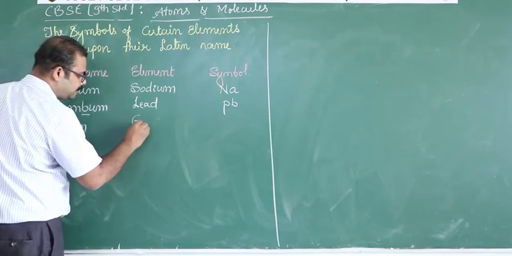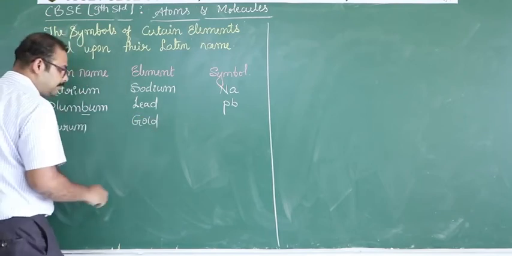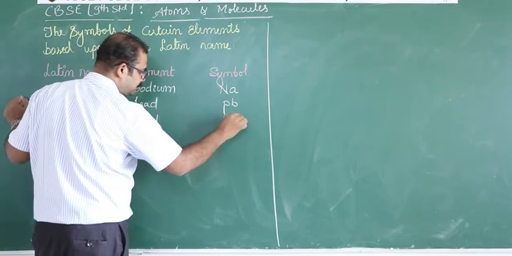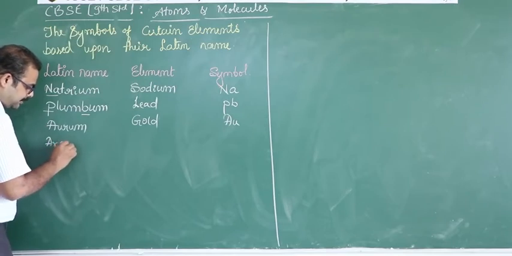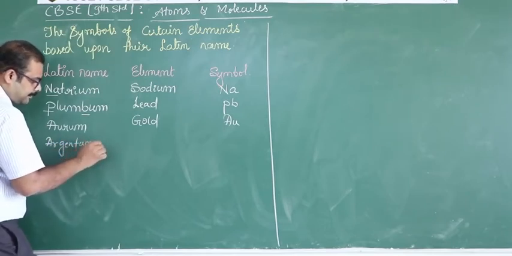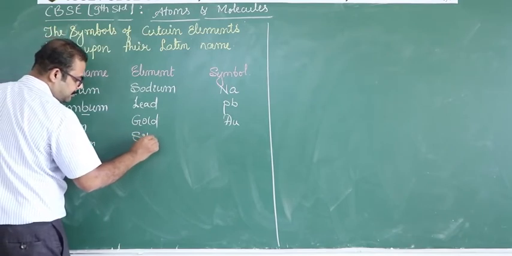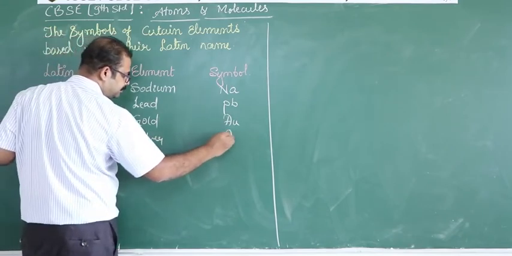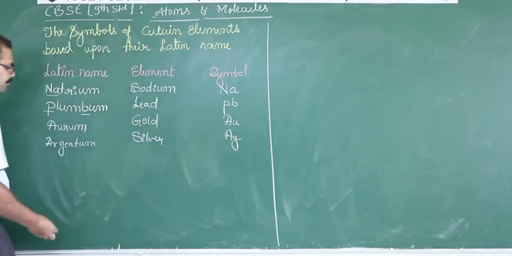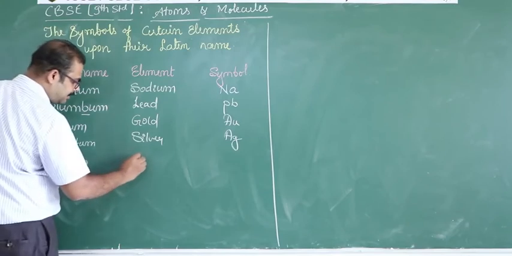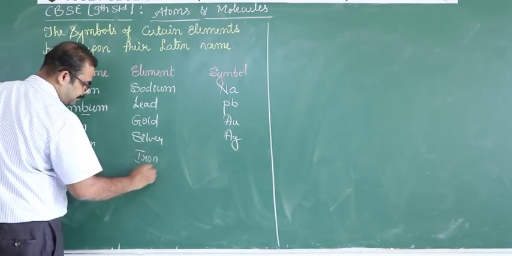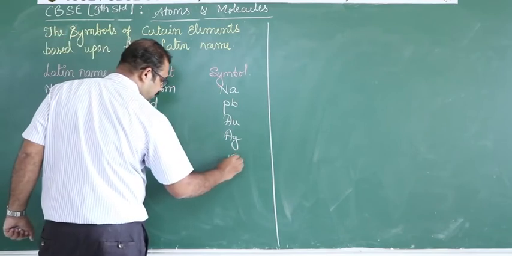Aurum, it is gold. Symbol is Au. Argentum, it is silver. Ferrum is iron. Symbol is Fe.